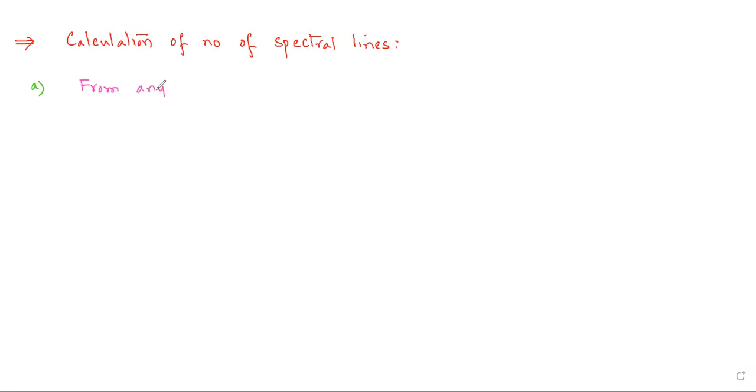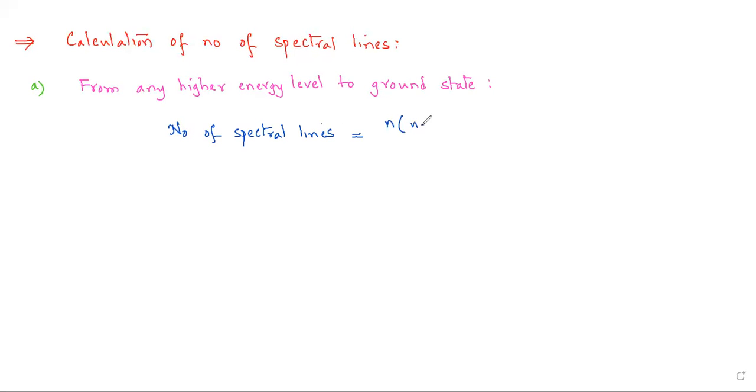From any higher energy level to ground state. In such a case, the expression for calculating the number of spectral lines can be given as n into n minus 1 by 2, where n is a higher energy level.